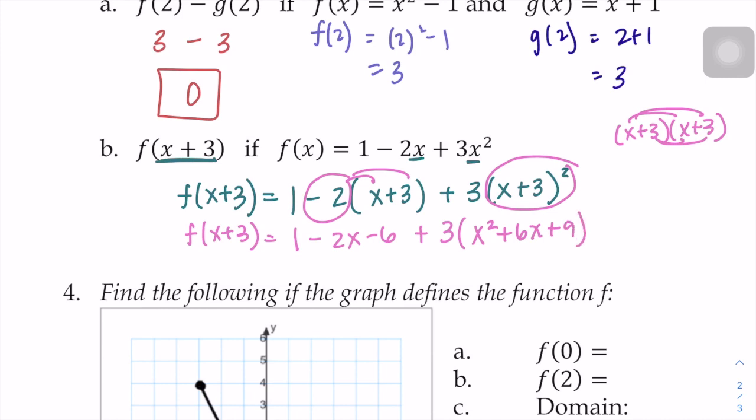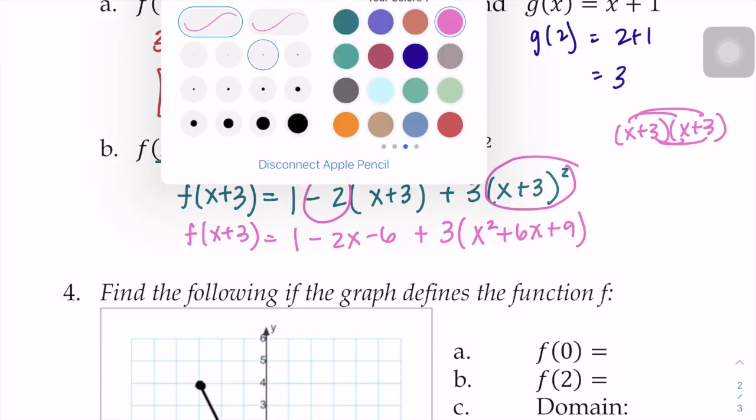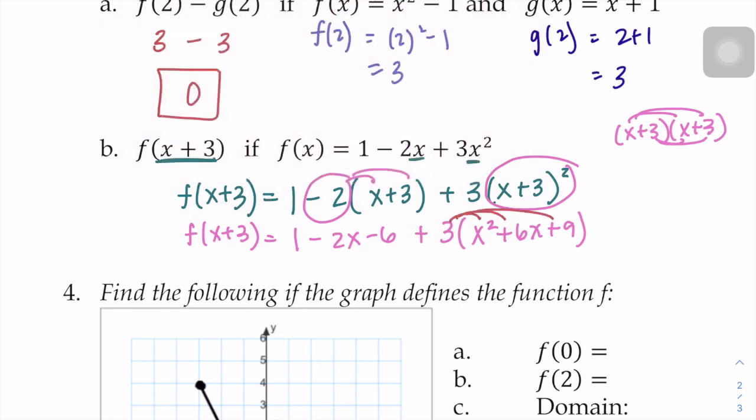Remember those rules of squaring a binomial. Last step that I need to do to simplify this part before I combine my like terms is distribute that 3. Still got all of this stuff, but now I have 3x squared minus 18x plus 27.